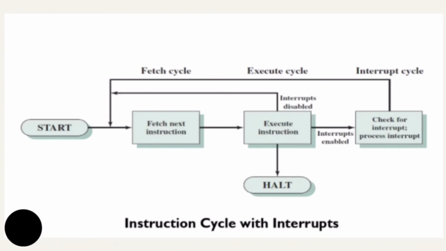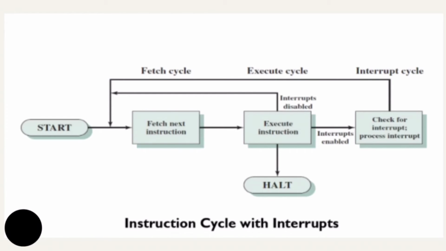This means saving the address of the next instruction to be executed and any other data relevant to the processor's current activity. It sets the program counter to the starting address of an interrupt handler routine.